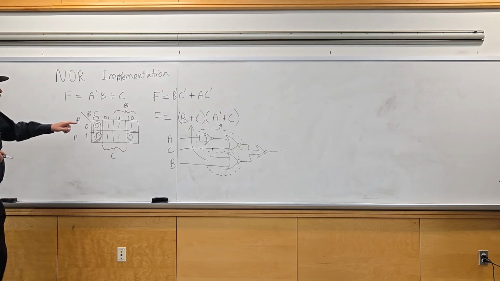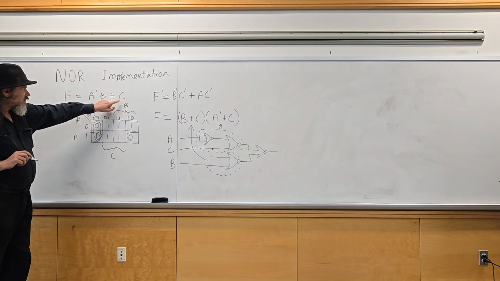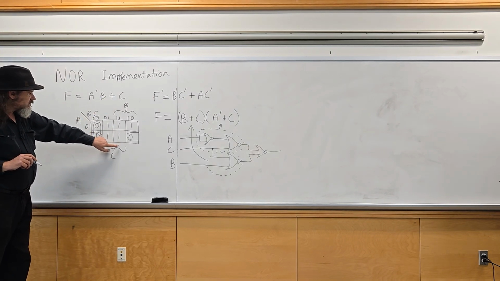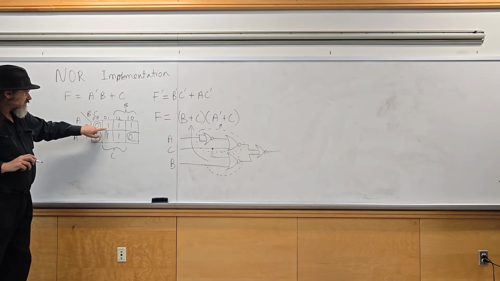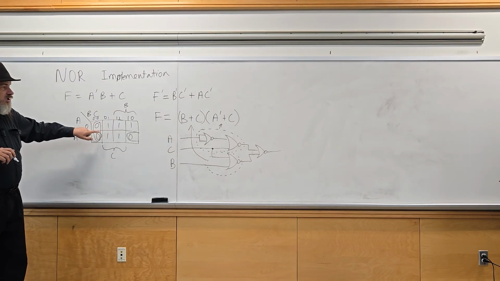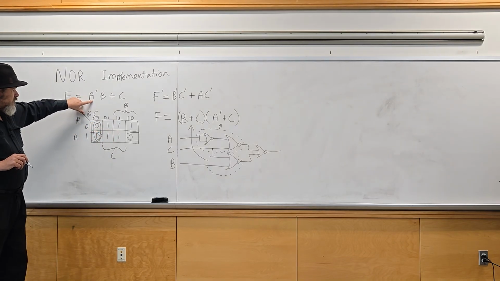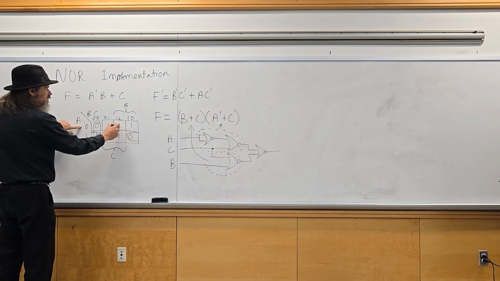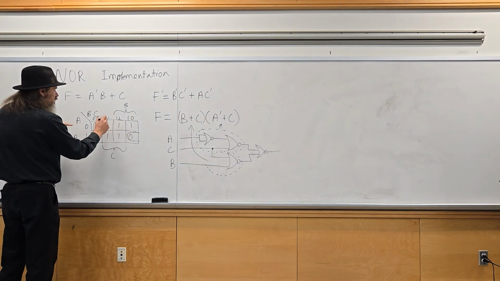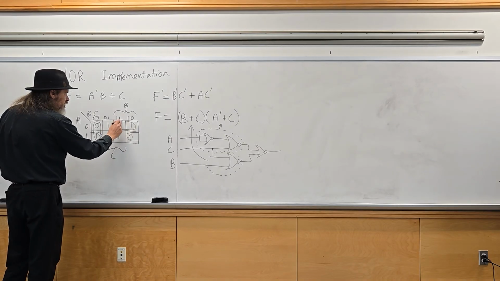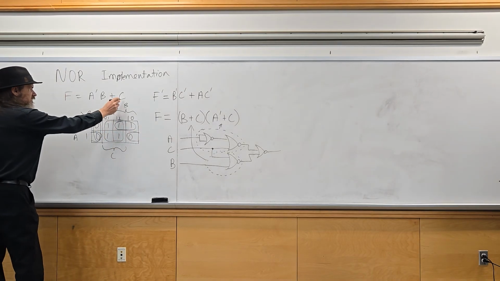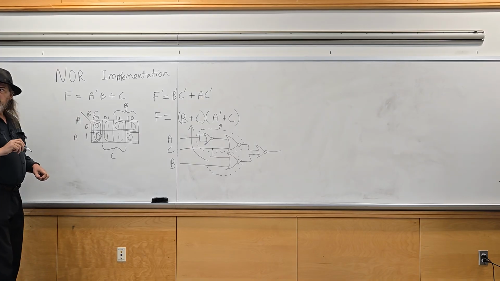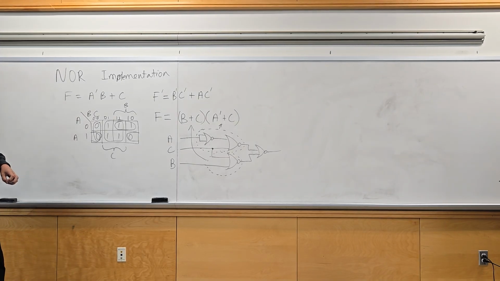With the C, that means all the C group are ones. A prime, B, all the B, all those are. So these are the two groups in the product of sums expression.